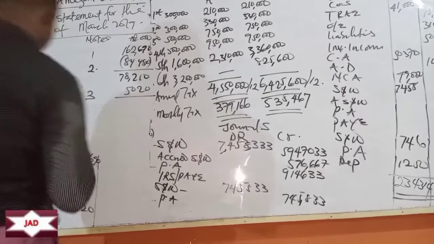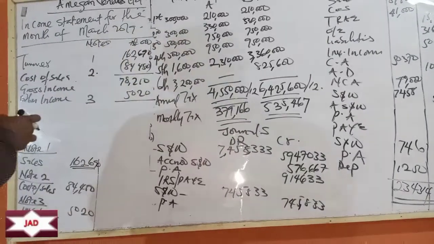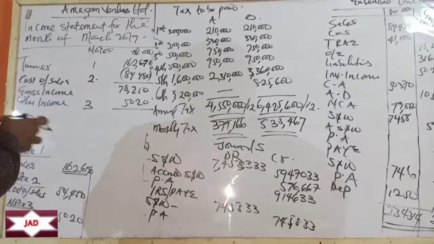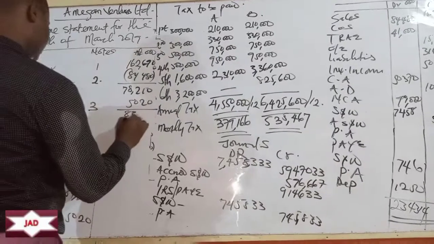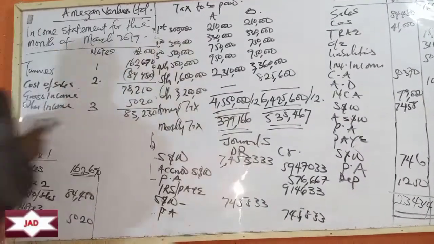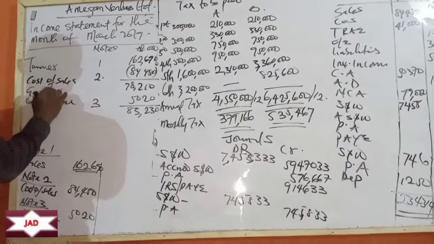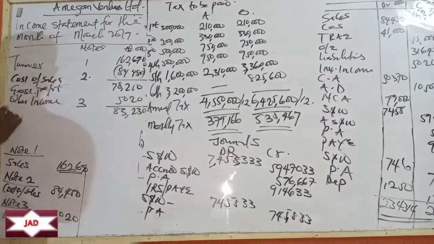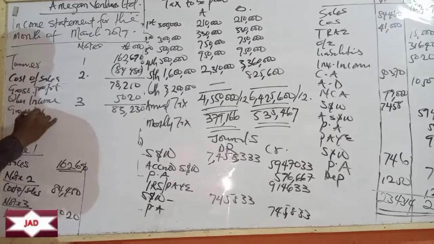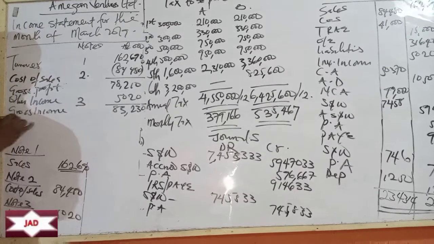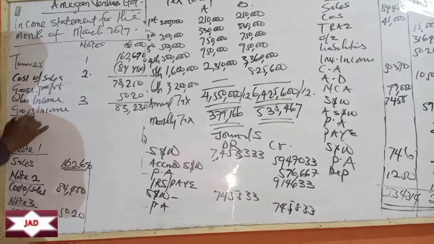So let's add up: plus 5,020, we have 83,230. So let's call this gross profit, and this is your gross income.